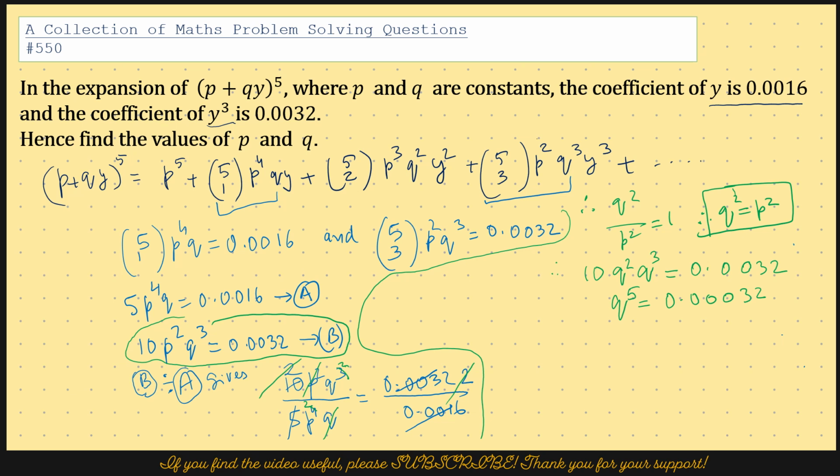And you see we can write this as 32 times 10 to the power minus 1, 2, 3, 4, 5. This is a decimal point, so 10 to the power minus 5.